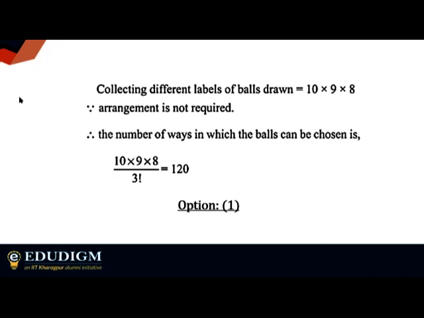So I hope this first line is clear with all of you, that 10 into 9 into 8, etc. Now you have three numbers, and you have arranged them in orders. They can be arranged amongst themselves in three factorial ways. Out of those many arrangements, there'll be only one where the order is properly maintained: n1 less than n2 less than n3.